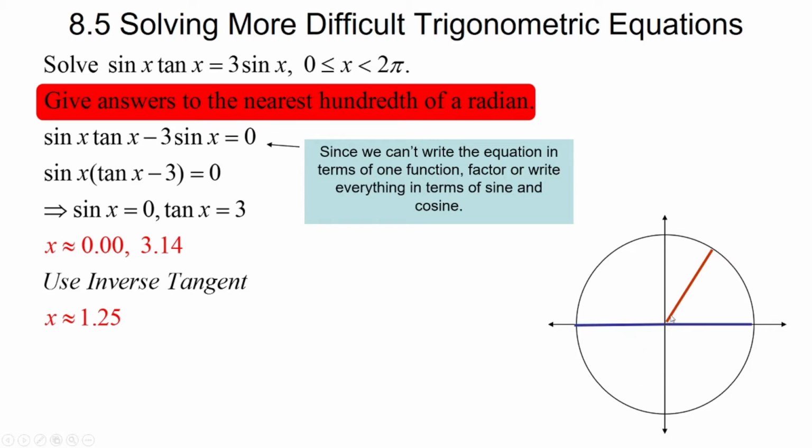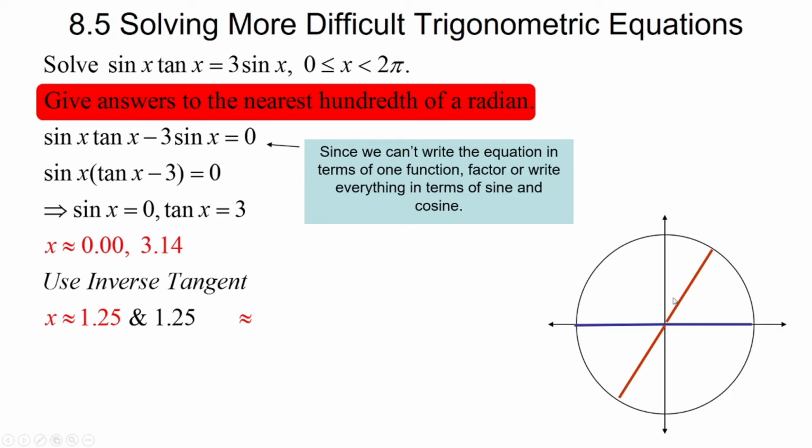So I'm going to take this terminal ray and I'm going to rotate it pi radians to get that terminal ray right there. Now, what's the measure of this angle? Well, wouldn't that be my last answer, 1.25 plus pi? 1.25, that's this angle.